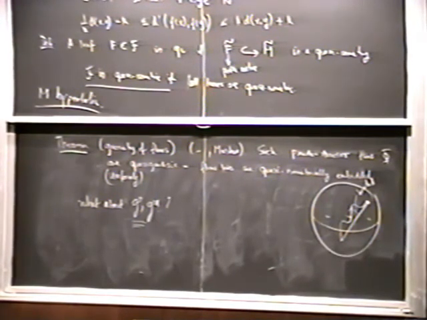It implies one thing: the leaves of stable and unstable foliations are Gromov hyperbolic.